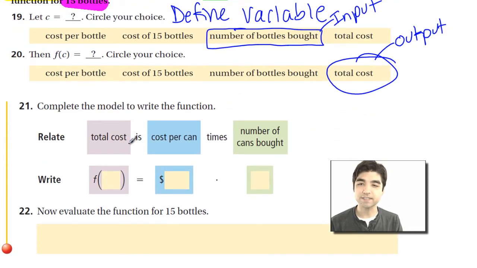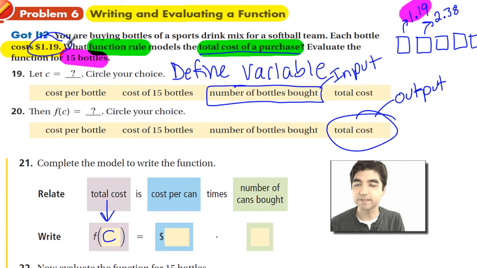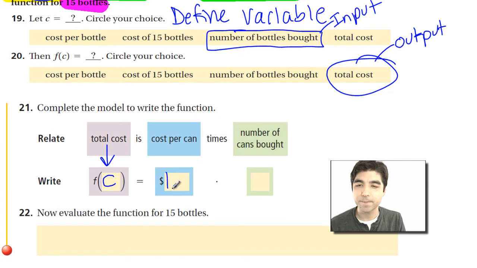It says total cost is cost per can times the number of cans bought. So the total cost is our f of x, remember? That's f of c, our variable that we defined. And then cost per can, remember that is up here, $1.19. And that's multiplied by the number of cans we bought, which is our variable c.